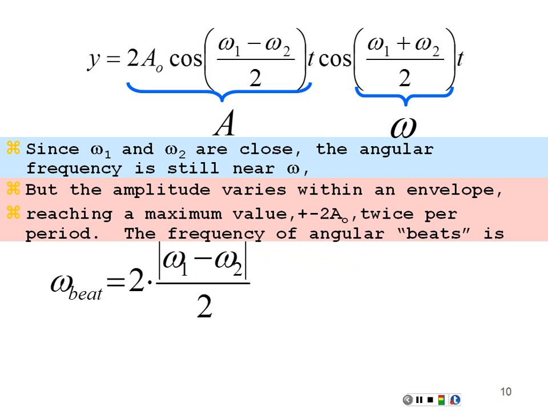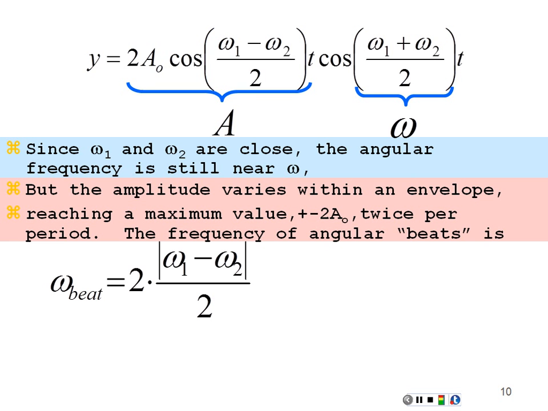So the actual frequency of these beats where we hit these maxima will be 2 of those every cycle, because we're going to hit a maxima at positive 2a naught and a maxima at negative 2a naught. So the frequency of the beats would be twice the frequency within this cosine function.